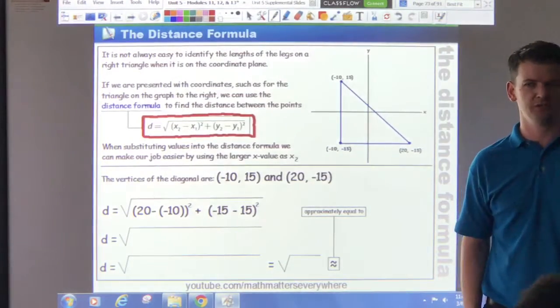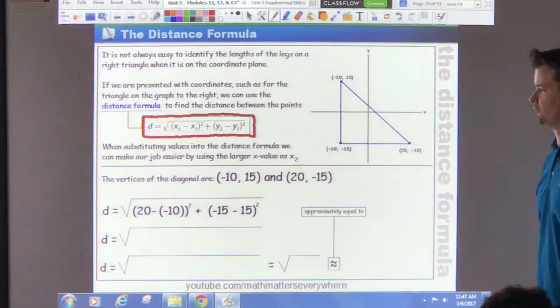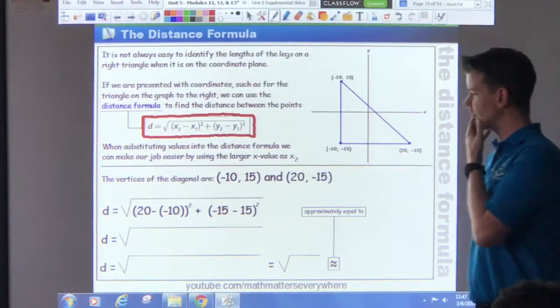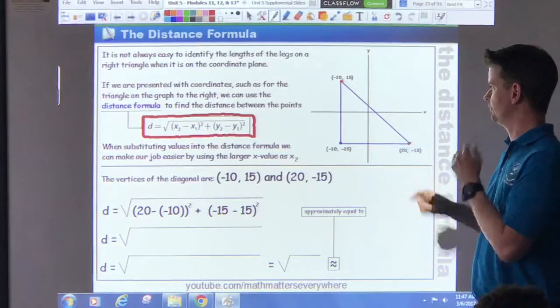Just like with the slope formula, we liked our y to be the biggest y value. Same thing with the distance formula. We look at the x's, we want the x with the biggest value, the largest, to be our x2. So if we look here, we're trying to find the distance between these 2 points.